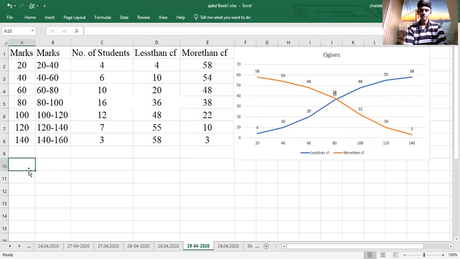We will calculate by using median formula. Median equals L plus N divided by 2 minus CF, divided by F, into C. This is our formula.